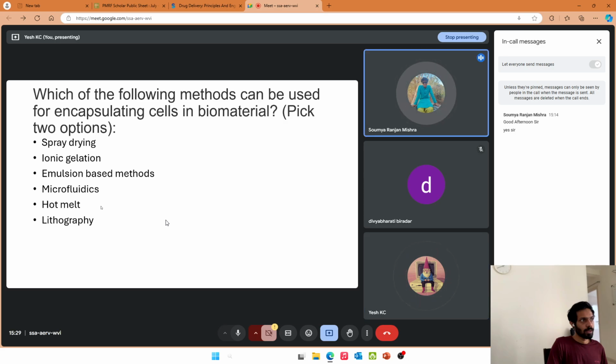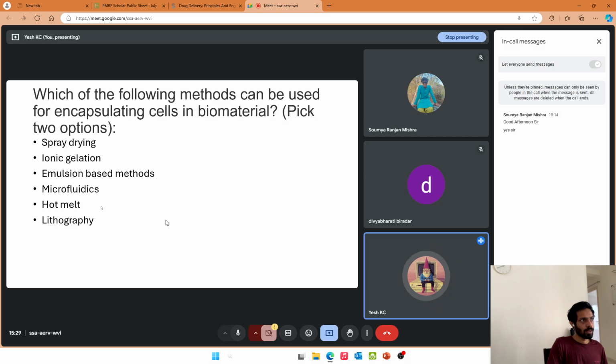So the first is emulsion-based method, and ionic gelation. Yeah, so emulsion based methods we do not tend to use because emulsion based methods are very stringent, right? So what is an emulsion based method?